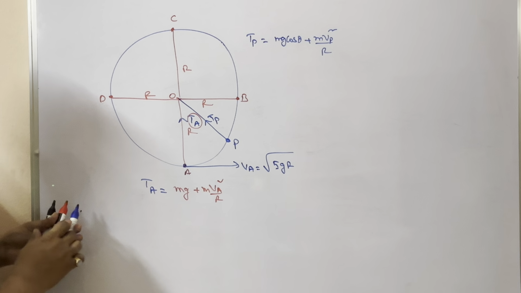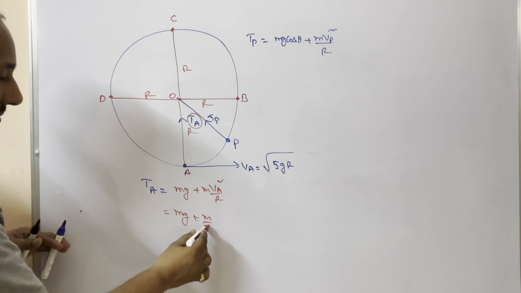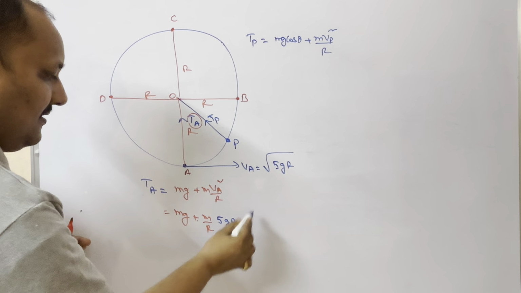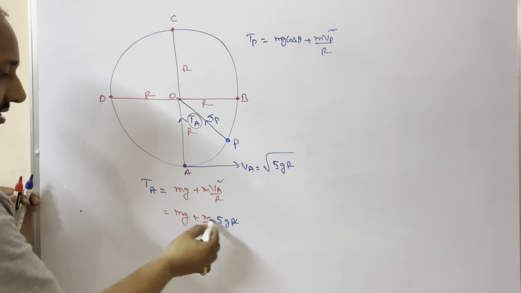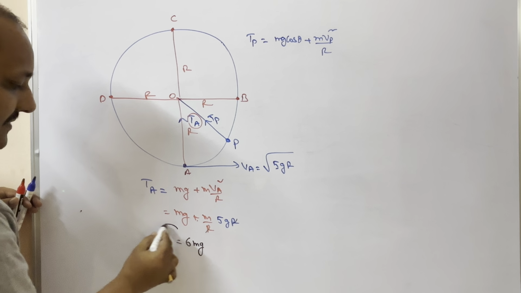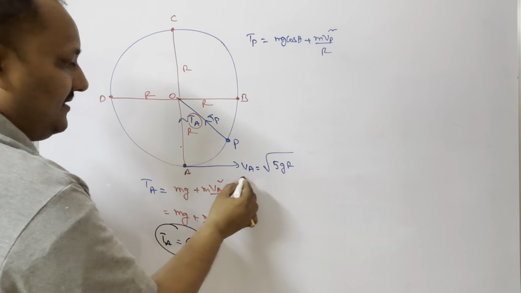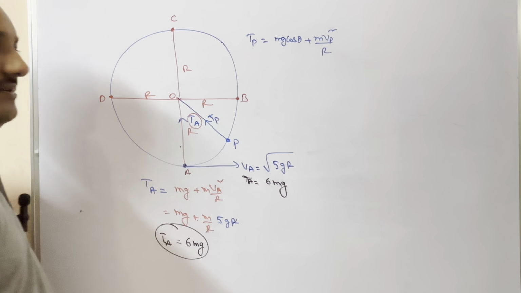Substituting that value, you get mg plus m by r times VA square, which is 5gr. If you cancel r and r, you get 5mg plus mg, which is 6 mg. This is the tensional force at A. So at this point, TA is going to be 6 mg.